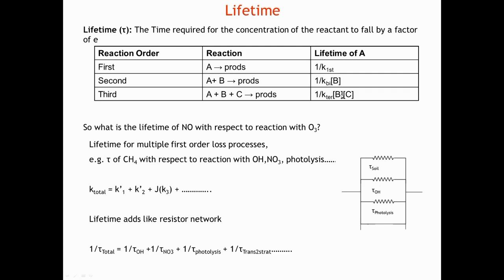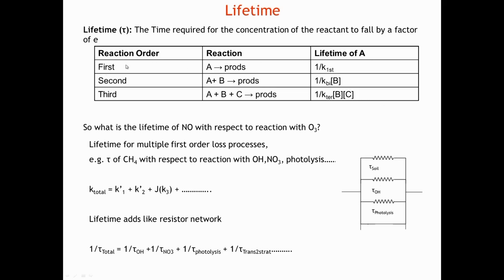Okay? And it's the same for the termolecular. So you've got centimetre to the 6th, molecule to the -2 per second, times molecule per centimetre cubed, times molecule per centimetre cubed, equals per second. 1 divided by per second equals seconds.